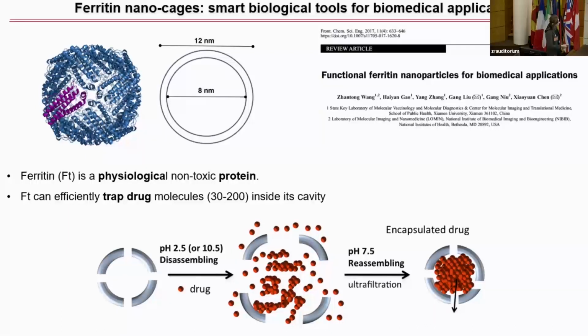If you do that in an environment where you have, for example, a drug, and then you reassemble it and eliminate what was in the external part, you can have an encapsulated compound, a drug, for example. The drawback of this procedure is that proteins are delicate objects, and they don't really like to be exposed to acidic or alkaline pH.